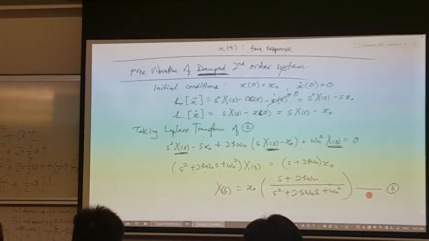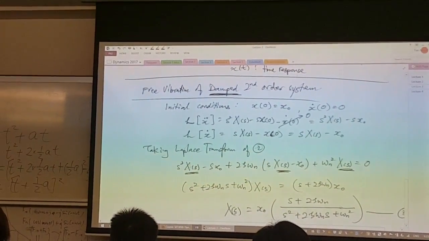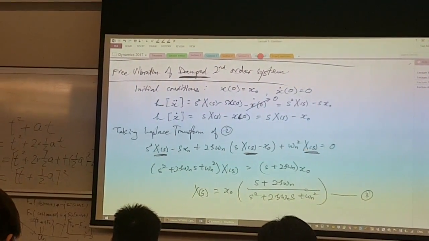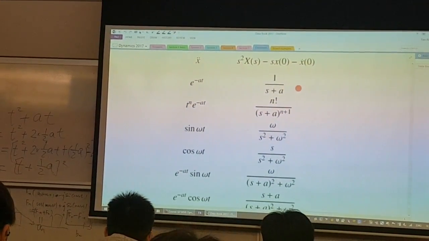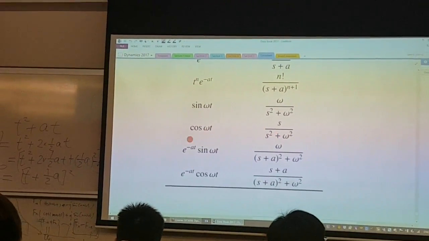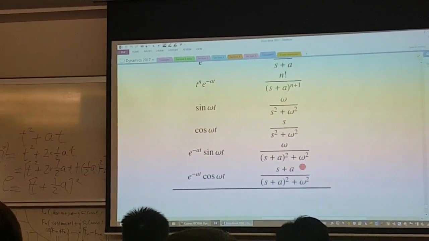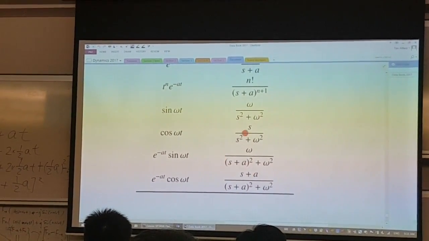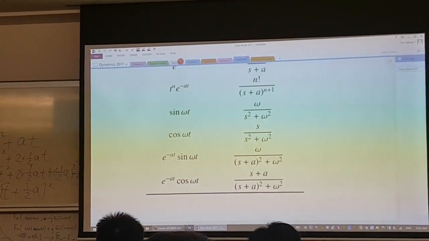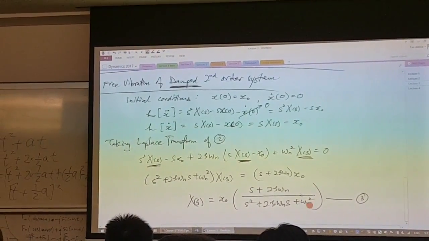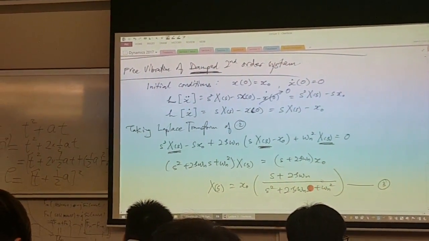That's because if I show you your data sheet, in order for you to take inverse Laplace, you must have this kind of form. You must have the denominator part of this kind of form. So if you look at this form over here, it doesn't have that kind of format.